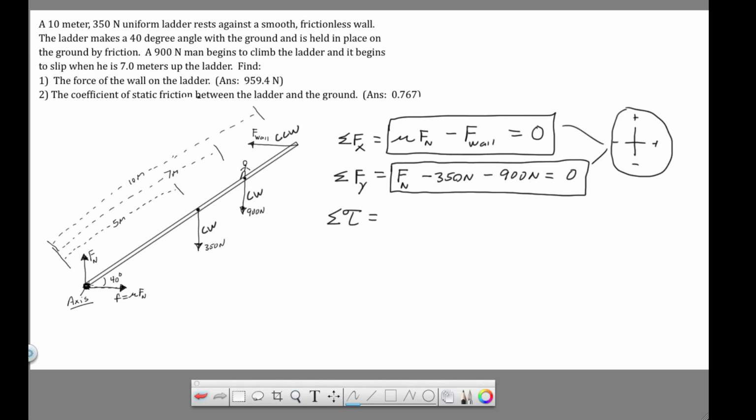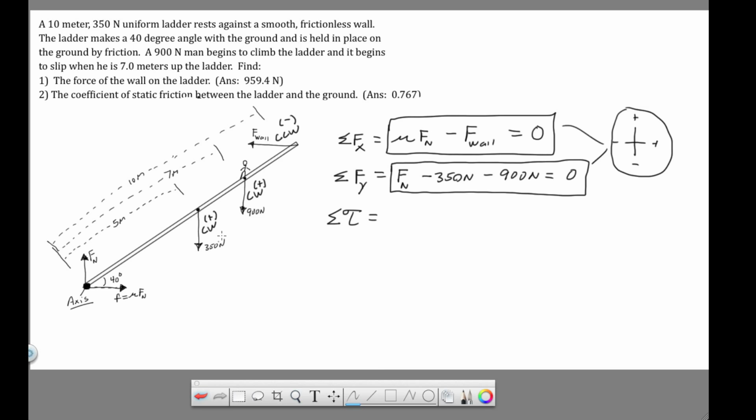If this is our axis, then the force of the wall is acting counterclockwise. So let's say that clockwise will be positive, so these two forces are creating a positive torque, and the force of the wall is going to be a negative torque because that's counterclockwise.